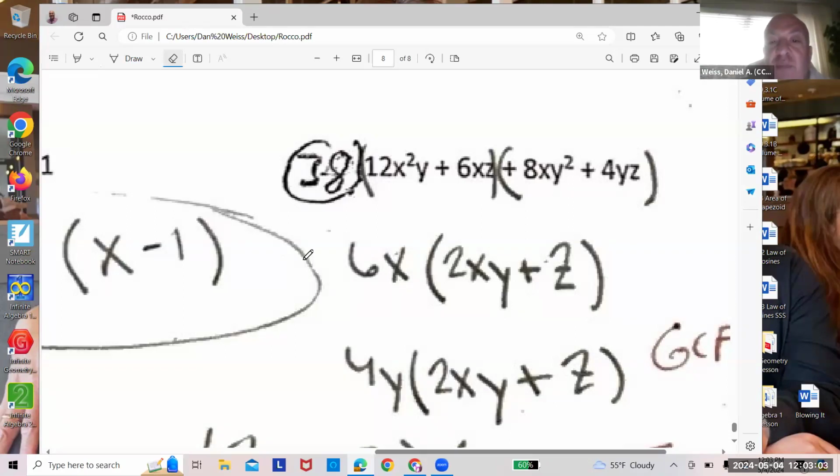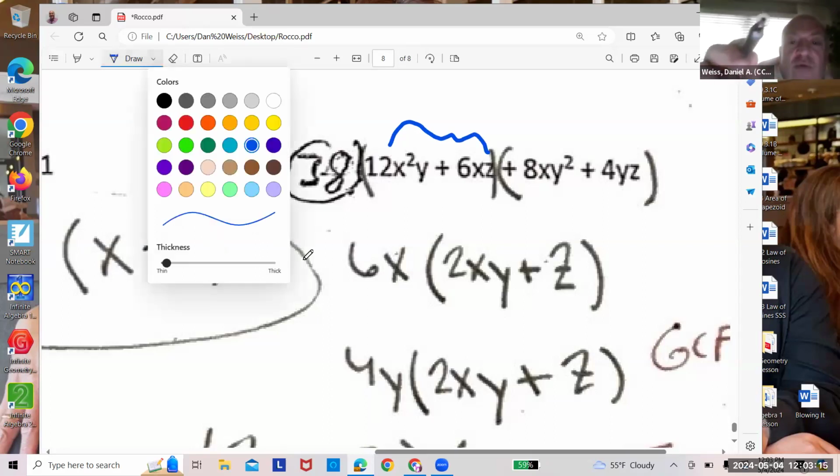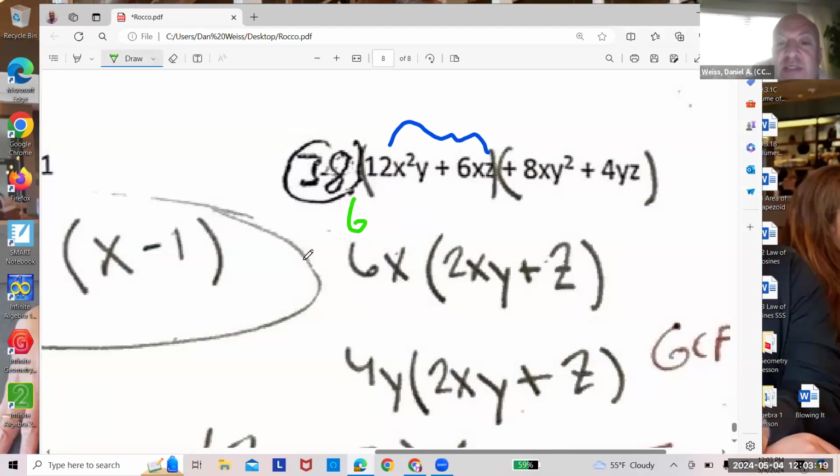You take what's common to these two terms, just these two terms here. What's common? Looks like you said 6x, which is good. So you said 6x is common, and you're left with 2xy plus z.